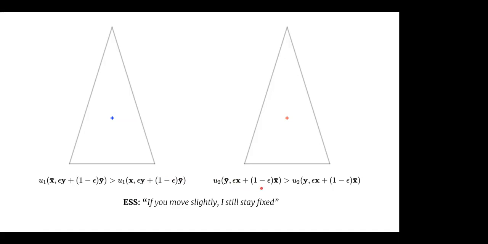My opponent is going to deviate slightly away from theirs. I'm going to receive a higher payoff by staying where I am than by deviating along with the other agent. Okay, so what this is saying is that if we have slight perturbations away from the Nash equilibrium, both agents have the incentive to stay where they are.